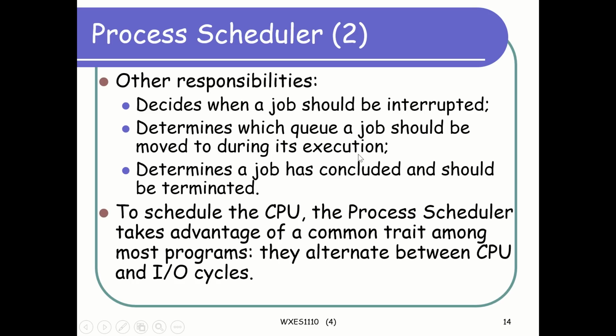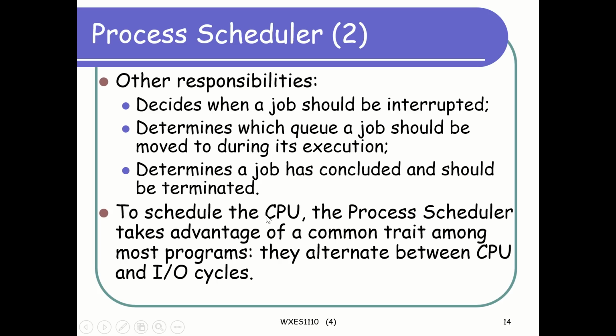It also determines which queue a job should be moved to during its execution. And it determines when a job has concluded and should be terminated. When the job has been done, you have to deallocate the CPU and the memory.